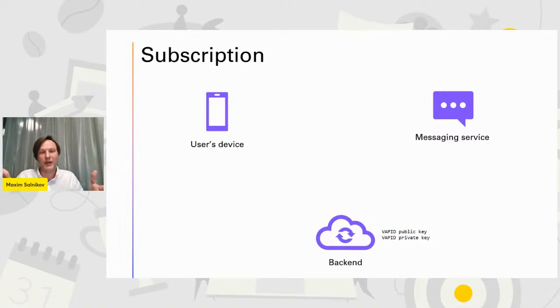How to get this key pair? First of all, this specification is well described, so you can go and implement the key pair generator yourself. But you don't need to, because there are tons of free web services and libraries that can do it for you.